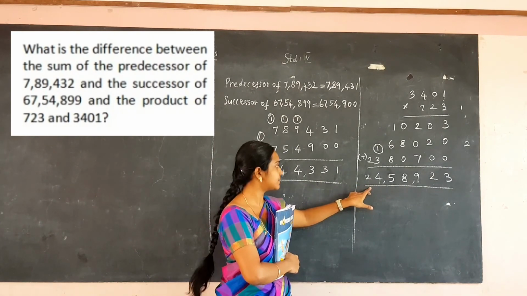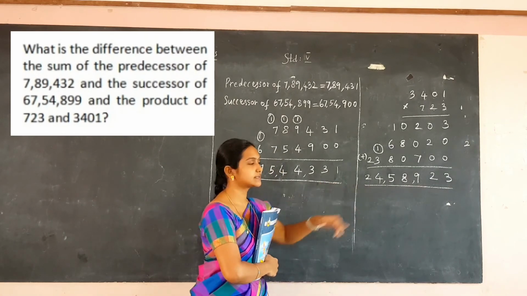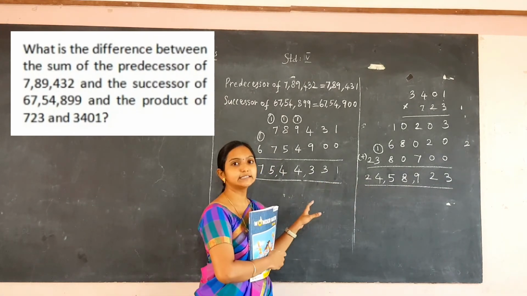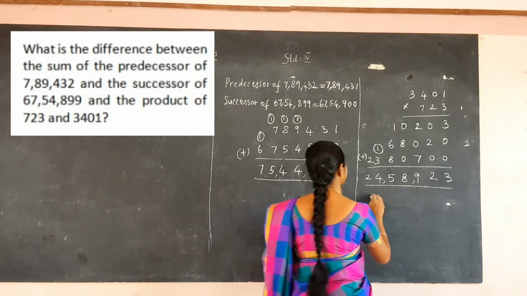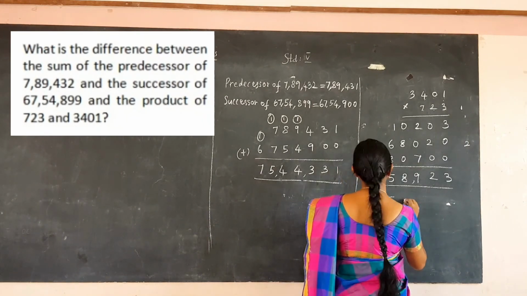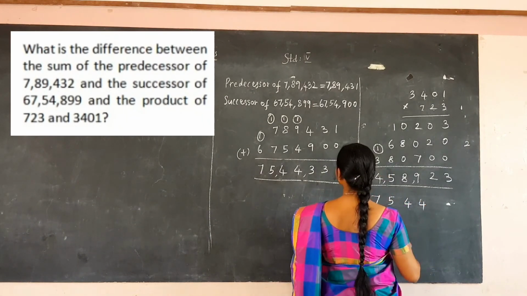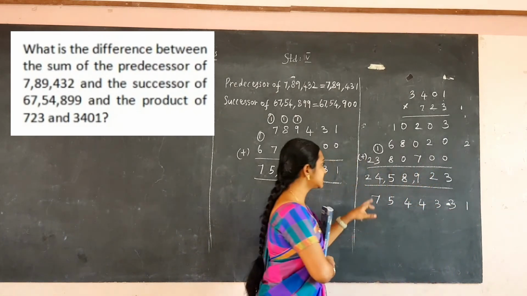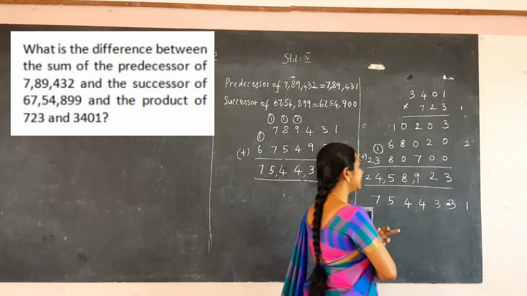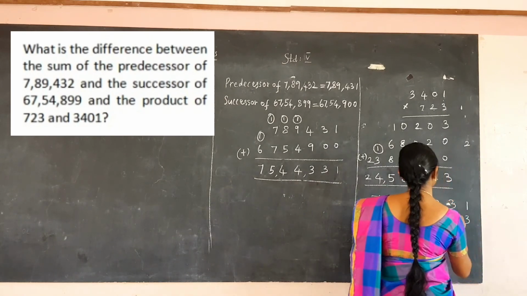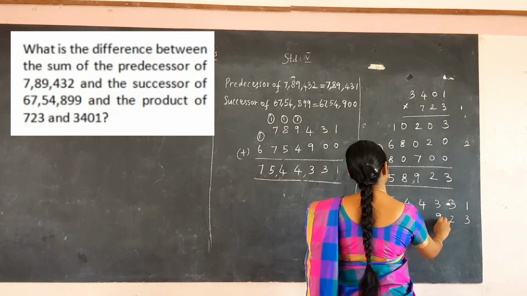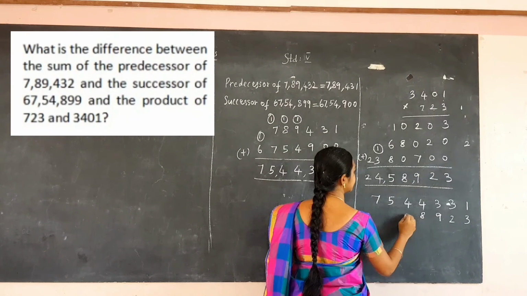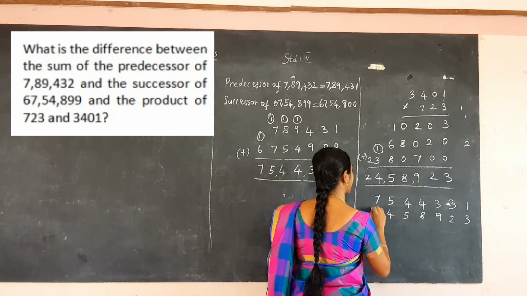Now we have to subtract these two numbers. Now write the big number first. Now start writing the second number from the left. 3, 2, 9, 8, 5, 4 and 2.